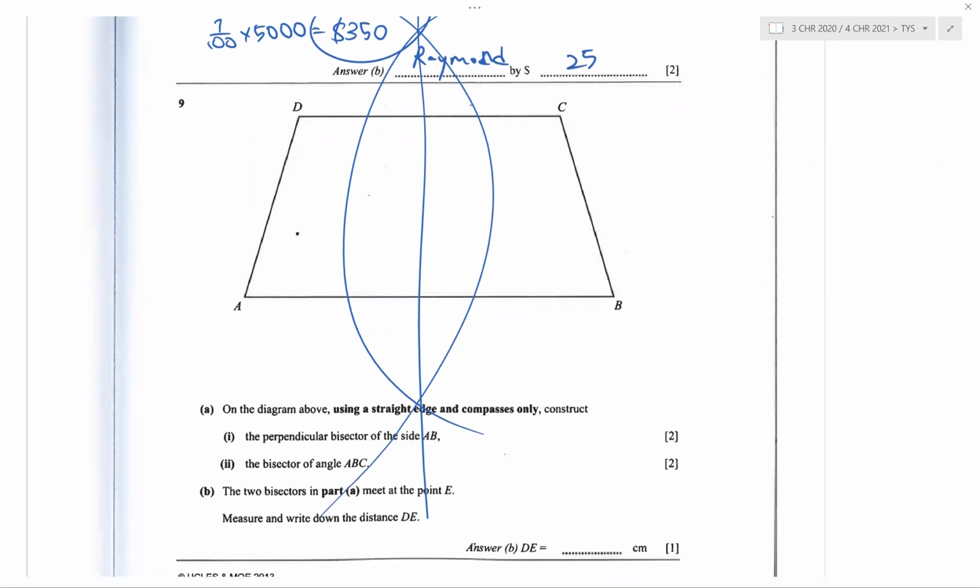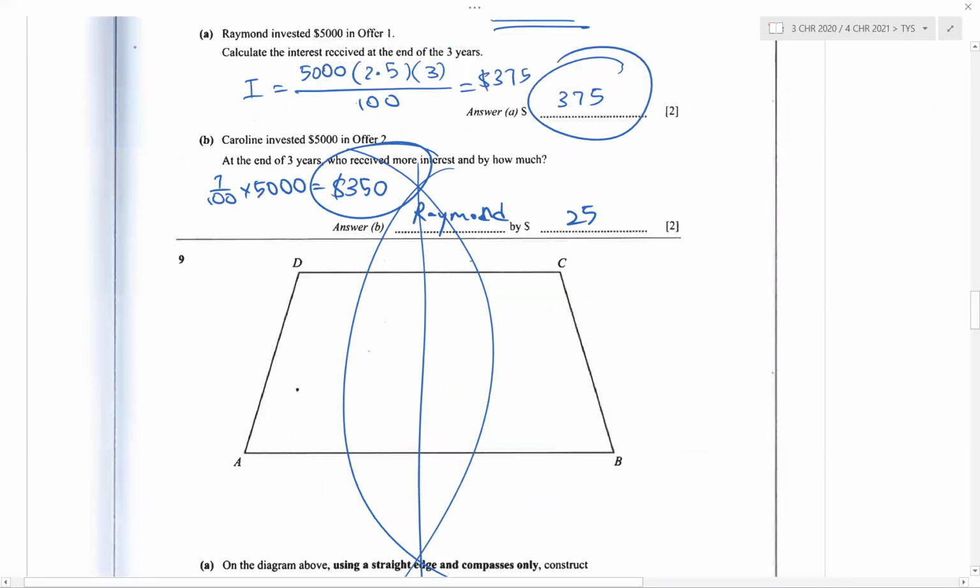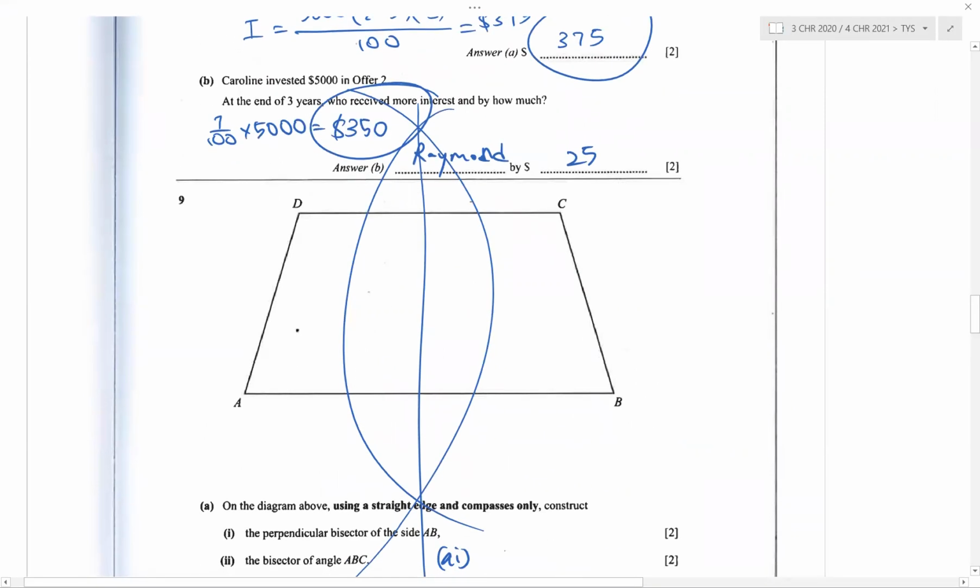Freehand cannot in exam. Okay, next one. Bisect. Oh, wait, label. A part 1. Angle bisector ABC. Otherwise, how do I know whether you know which is the angle bisector, which one is the perpendicular bisector? So draw, and join. This will be your A part 2.